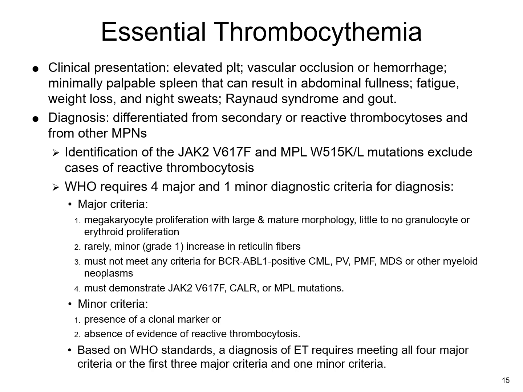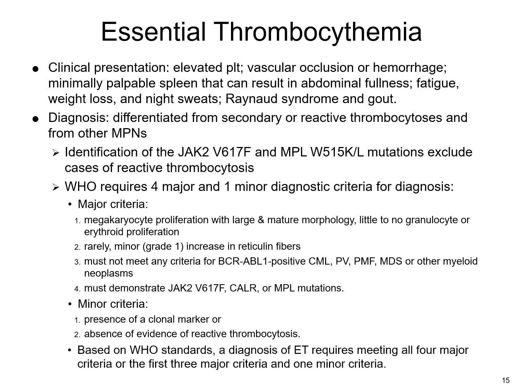So the major criteria, they're listed here, include the megakaryocytic proliferation with a large immature morphology, with little to no granulation or erythroid proliferation. Rarely, minor grade 1 increase in the reticulin fibers.